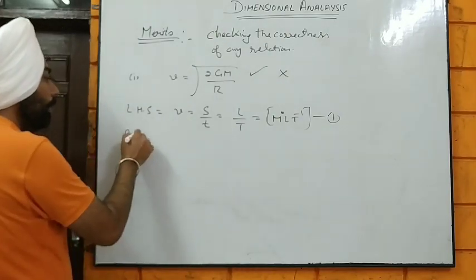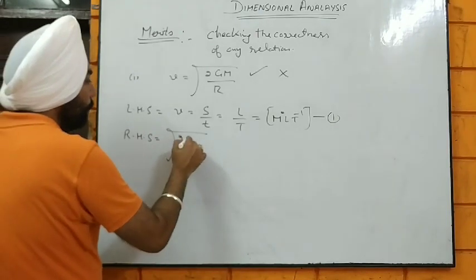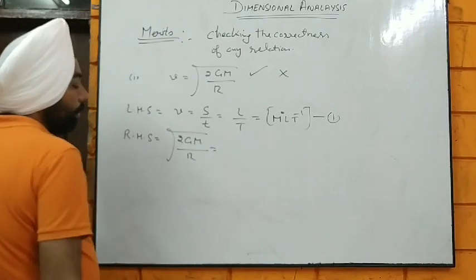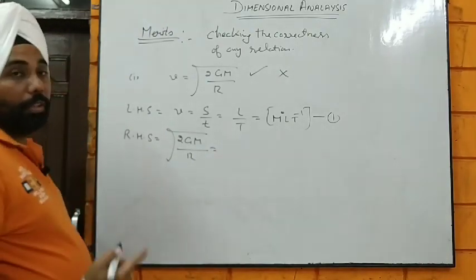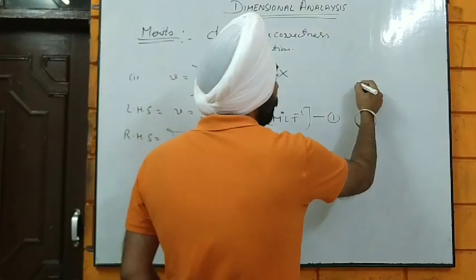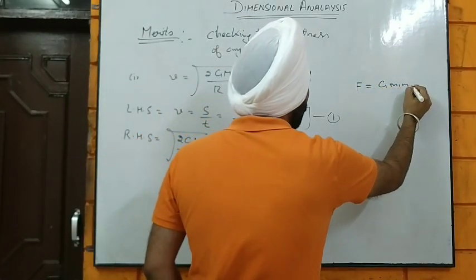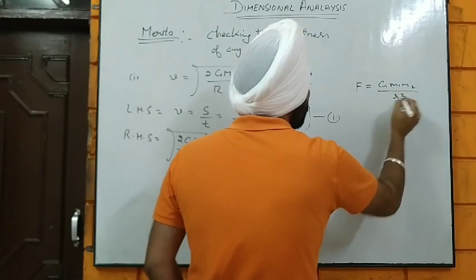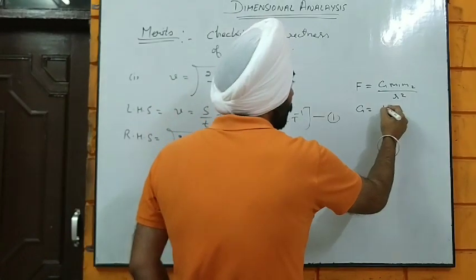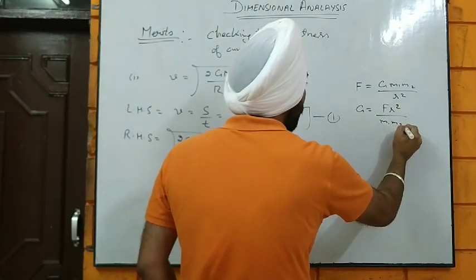Now the dimensions on the right hand side, which is 2, capital G, capital M and r. Capital G is the gravitational constant. From Newton's gravitation law, F equals G m1 m2 upon r square, we can calculate the dimensions of G, which is F r square over m1 m2.